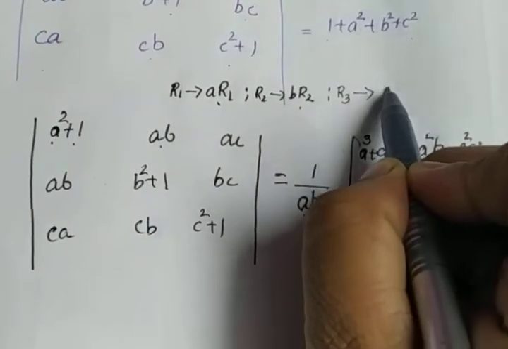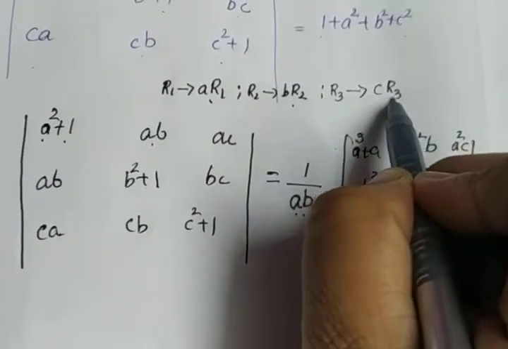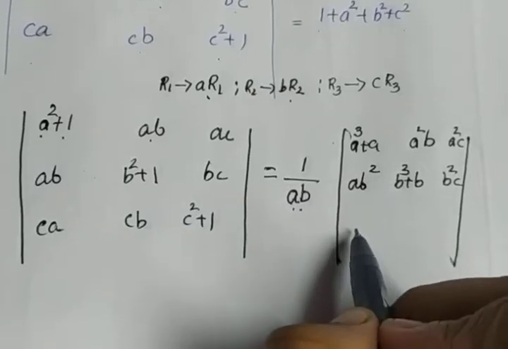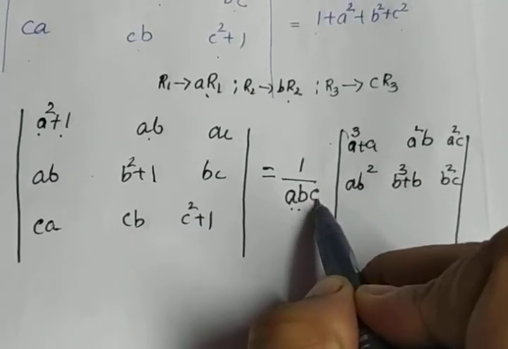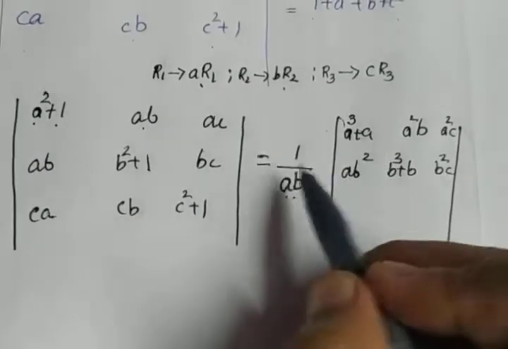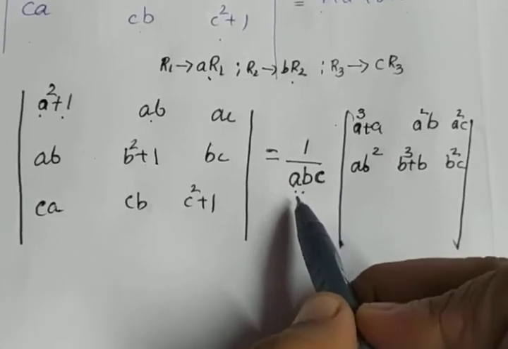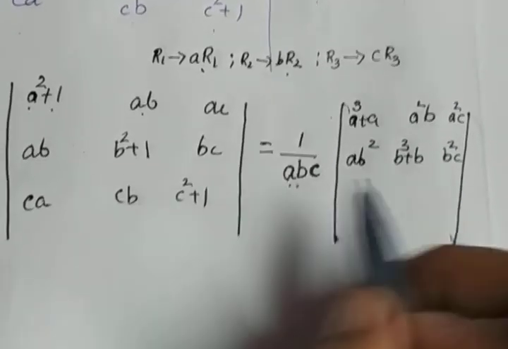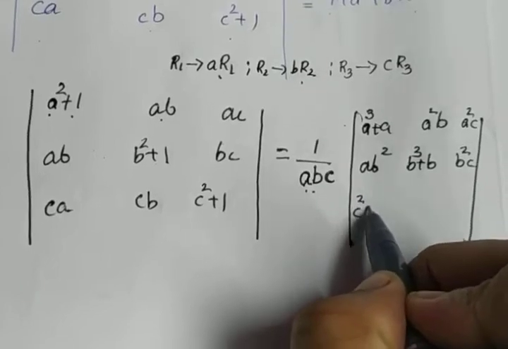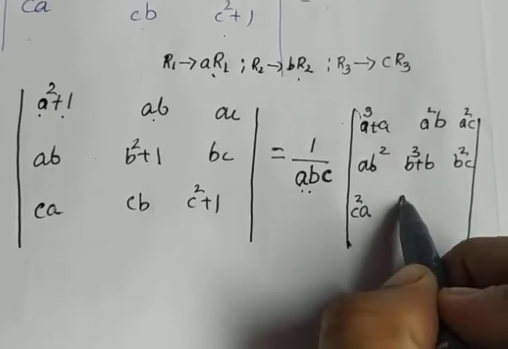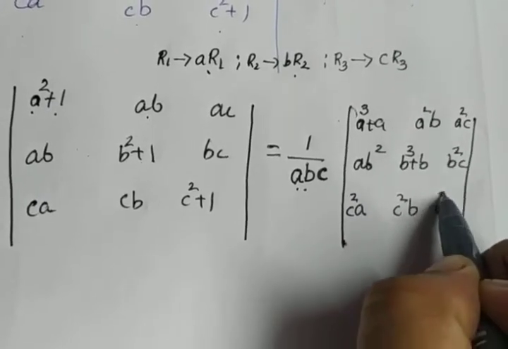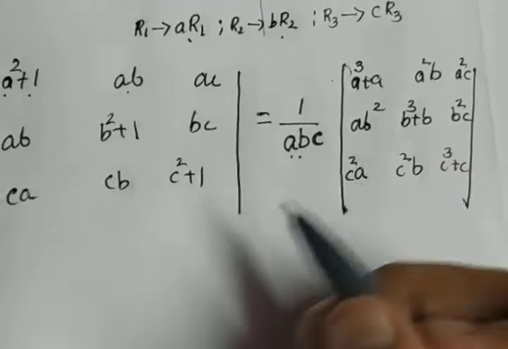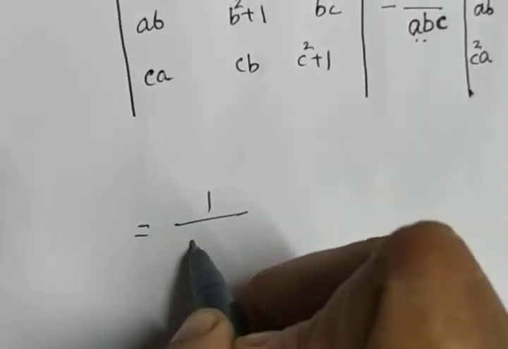So the transformation is R3 changes to cR3. Since I am multiplying only the third row, I want to divide the determinant by c. So I am getting 1 by abc, a constant outside the determinant. If I multiply, the first term becomes c square a, the second term becomes c square b, and the third term becomes c cube plus c. Again 1 by abc is there outside.